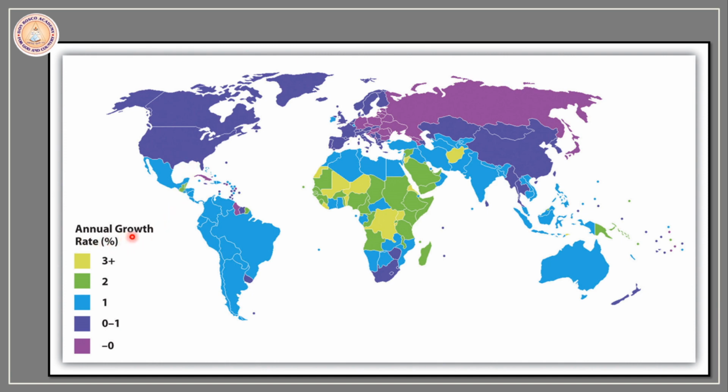So, this map, which is being displayed on your screen, shows the annual growth rate percentage. And what do we find?